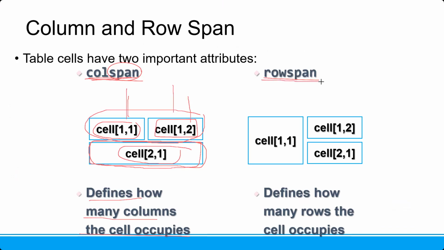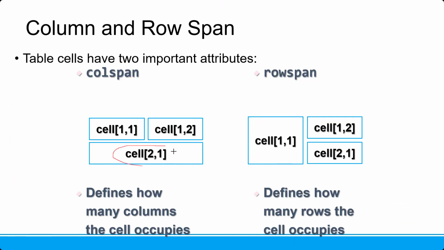For the row span, we have two rows actually. But this first cell defines how many rows the cell occupies. So this cell occupies two rows.